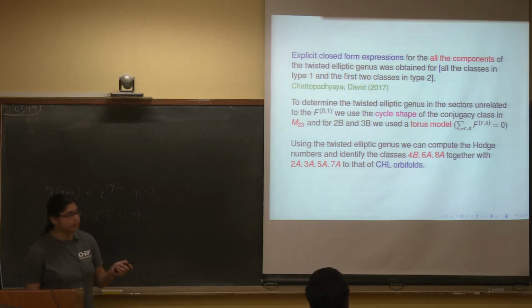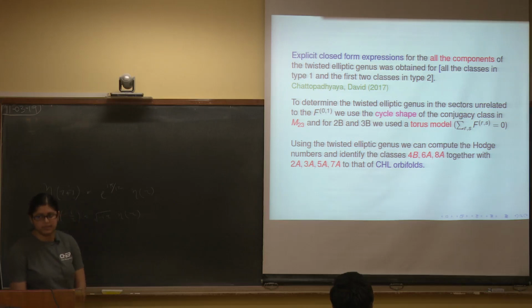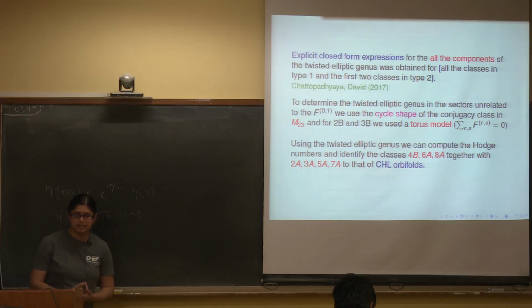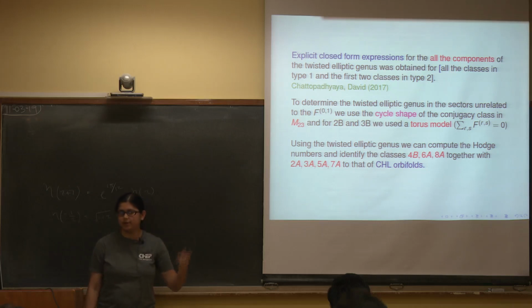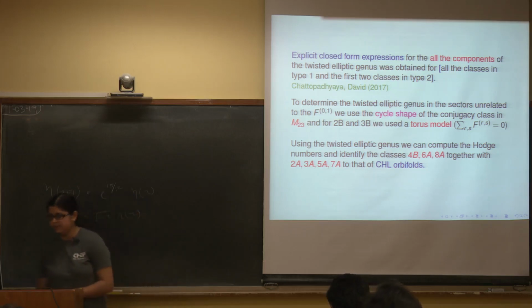Now, explicit closed form expressions for all the components of the FRSs were obtained by us for the type 1 that I showed, and the first 2 cases in the M24. And to determine the twisted elliptic genus in these sectors, which are not related to F01, we had to use the cycle shape of the objects and predict how it would behave.